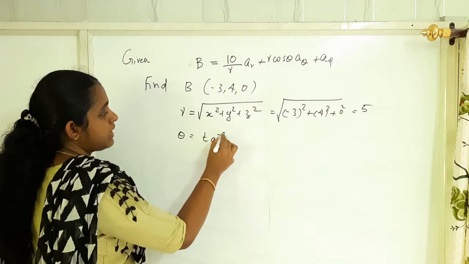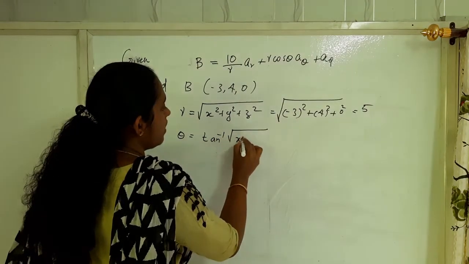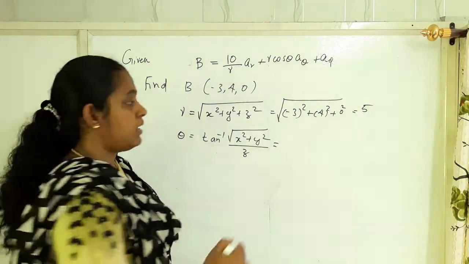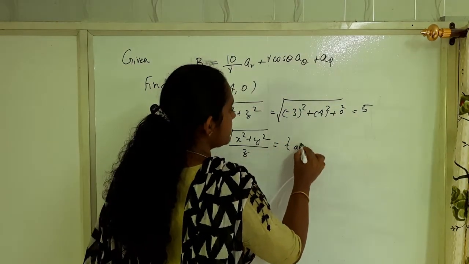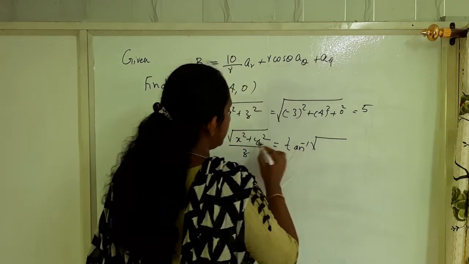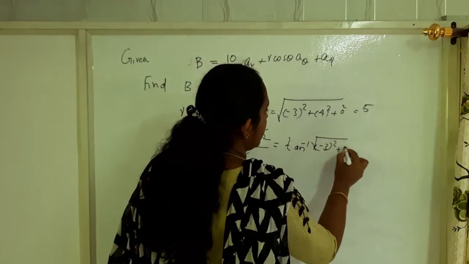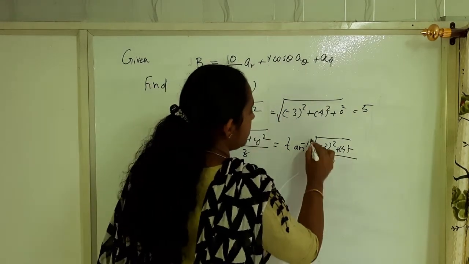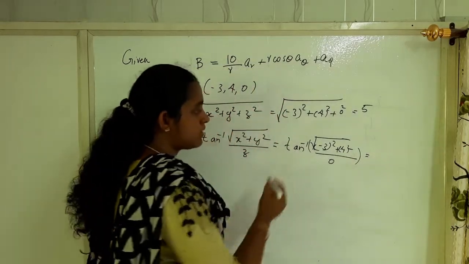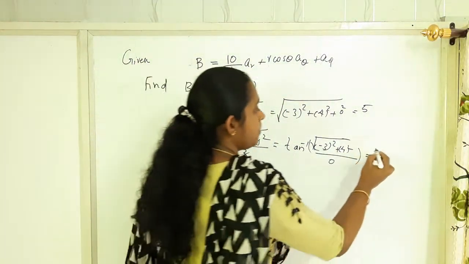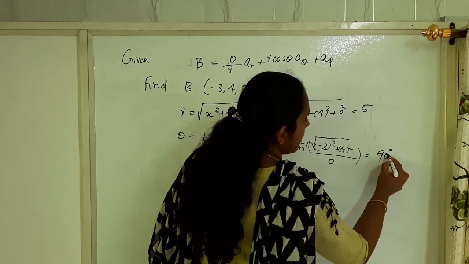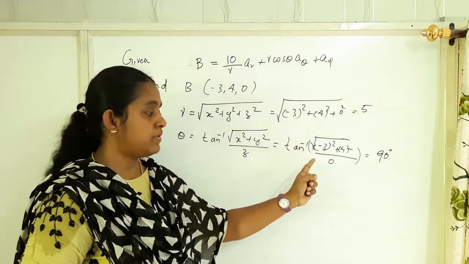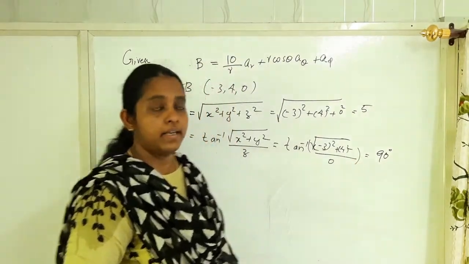We know theta is tan inverse of square root of x square plus y square by z, that is tan inverse of square root of (-3) square plus 4 square divided by z, which is 0. Tan inverse of this value by 0 means tan inverse of infinity, so that angle is 90 degrees.